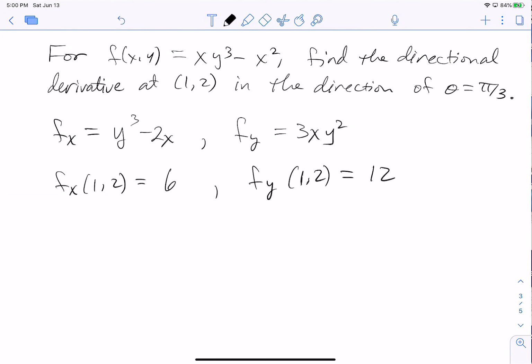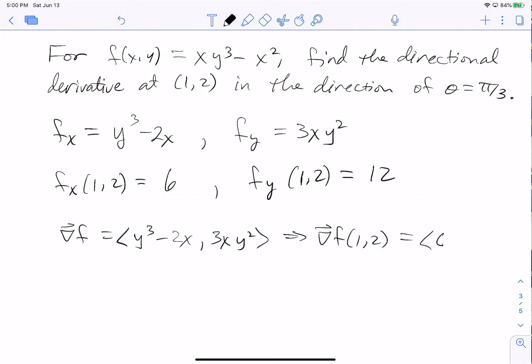So just to put this together with what we saw before, del f is equal to, in this case, (y cubed minus 2x, 3x y squared), and del f evaluated at (1, 2) is the vector (6, 12). The unit vector u in the direction of pi over 3 is going to be (cosine of pi over 3, sine of pi over 3), and so equals (1/2, square root of 3 over 2).